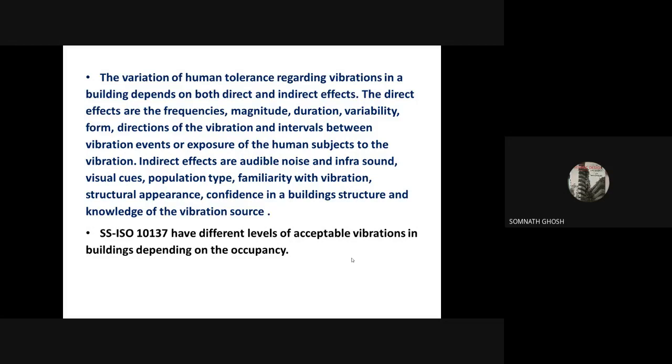Indirect effects are audible noise, infrasound, visual. There are many, not one. You have to be very, very careful about all these things. According to this code, there are many other codes also on this particular subject.